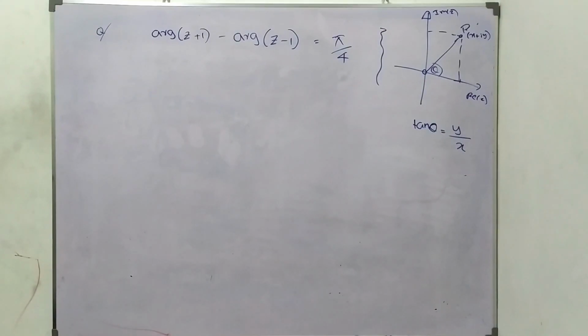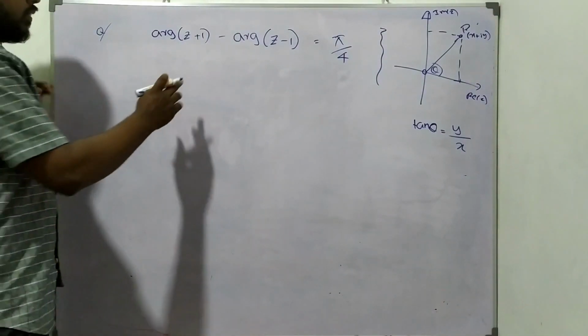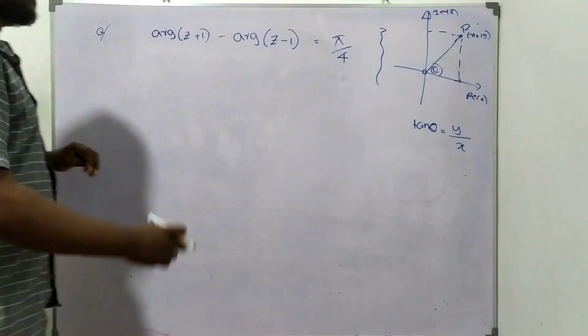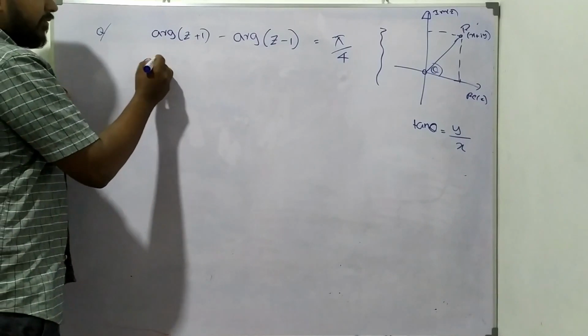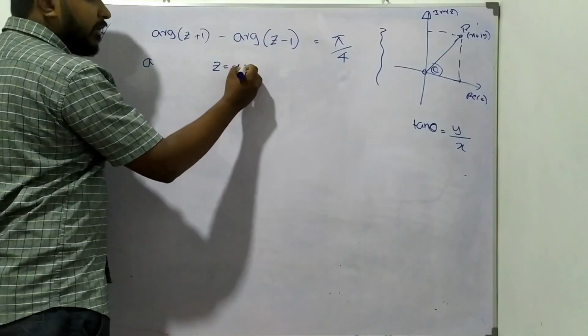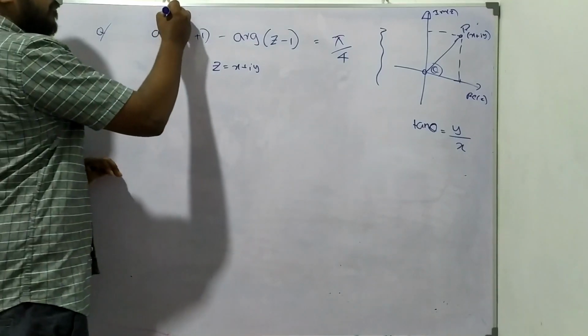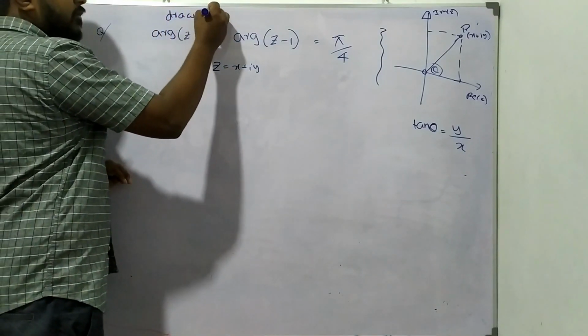So tan theta becomes y over x. Here you can write z as x plus iy. So the question was the locus.